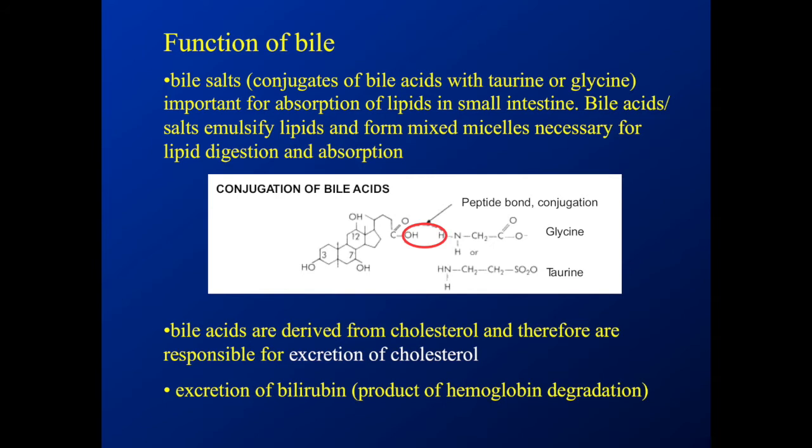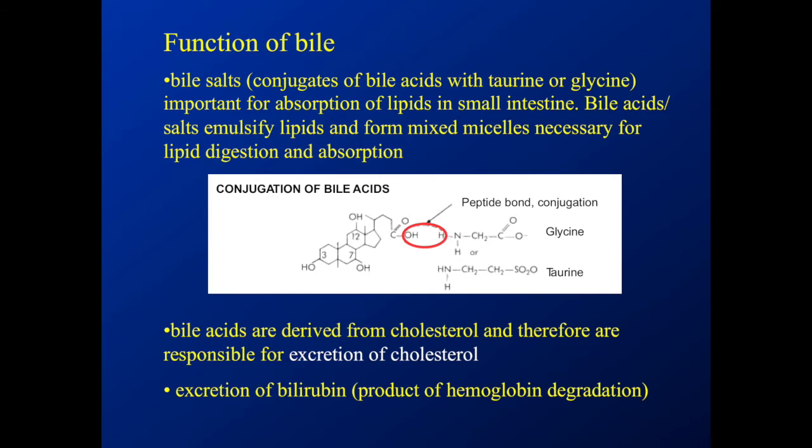The bile acids are derived from cholesterol, and therefore this is the only pathway that cholesterol can be secreted. And we'll see that there's this whole sort of bile salt flow where it's secreted and then reabsorbed, but some of it invariably then gets excreted out with the feces, and this is the only pathway that your body has to get rid of cholesterol.